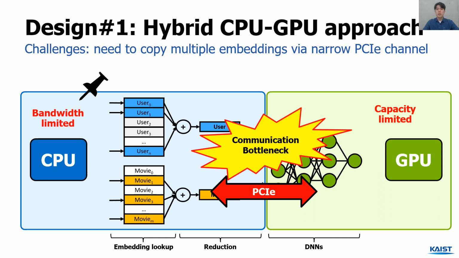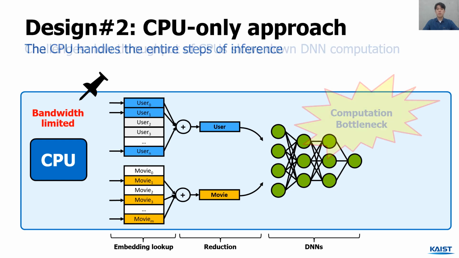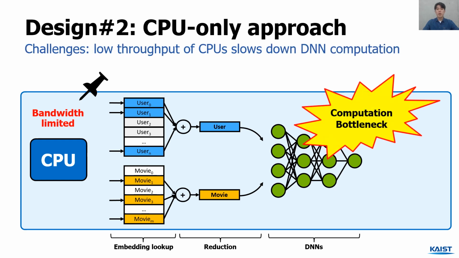Because the embedding copies are done over a narrow PCIe communication channel, hybrid CPU-GPU can suffer from significant communication latency overhead. So, another possible design point is to use the CPU exclusively for the entire inference process, overcoming the communication bottleneck of hybrid CPU-GPU. However, the CPU-only approach can suffer from the computation bottleneck because the CPU has much lower compute throughput than GPUs.